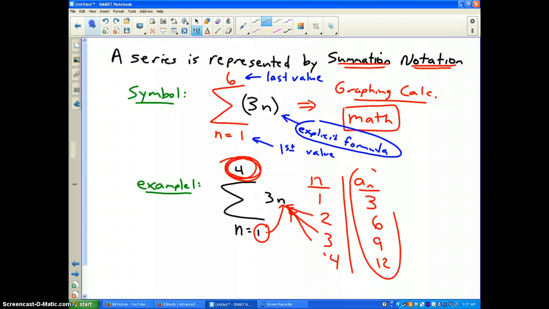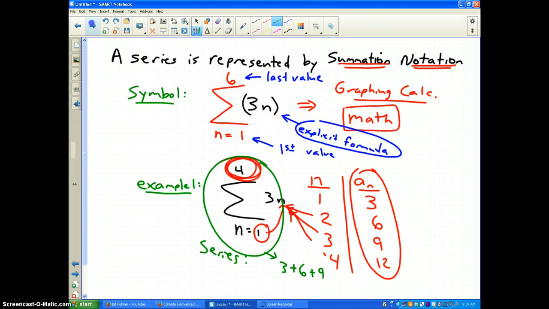So here is my sequence of numbers, but since this notation wants a series, my series for this problem would be 3 plus 6 plus 9 plus 12, which gives us an answer of 30.